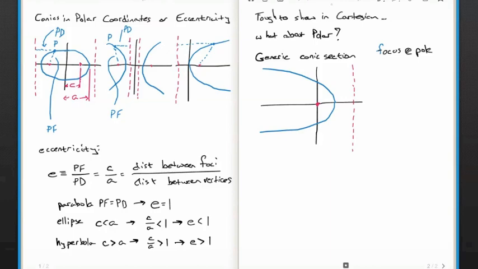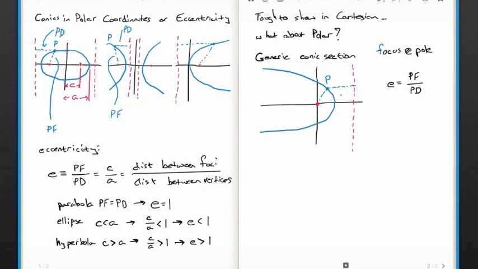So if I draw a generic point somewhere here, I don't know why that always happens in red, but it does. And so I draw this distance that goes like this, and then this distance that goes like this. And remember that here this is P. All right, so let's look at the eccentricity of this thing and talk our way through it. The eccentricity, e, is going to be the distance PF over PD.